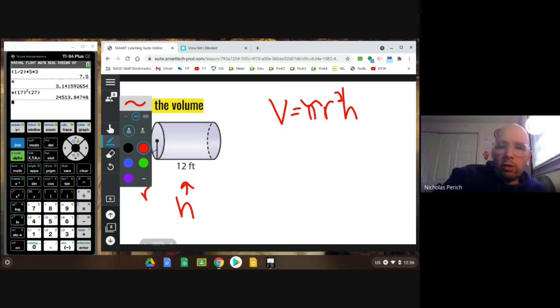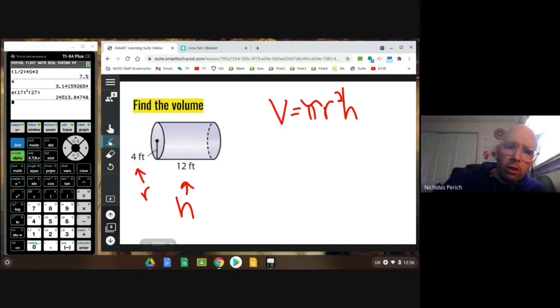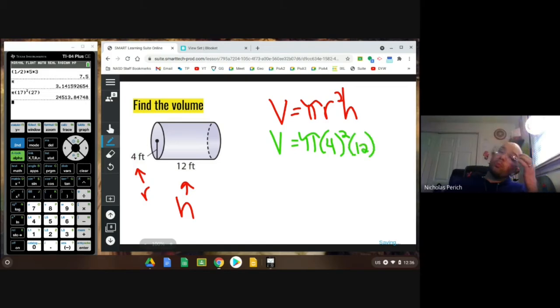Okay, Josh has an answer for us. Let's see. I actually don't know, but we shall see. Pi is pi. The radius is 4, so 4 squared, and the height is 12. So now that you see that, you should be able to use your calculator or your phone and see if Josh is right.